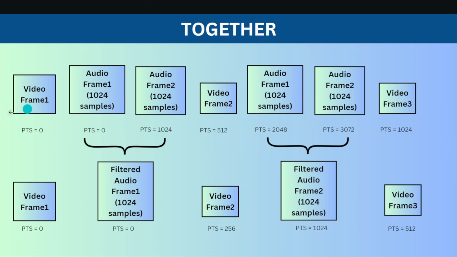After applying our video filter and audio filter together, this is the sequence we'll see: video frame 1 and audio frame 1, video frame 2 and filtered audio frame 2, and video frame 3. Of course, video frame 3 is also a filtered video frame, but with a different timestamp.